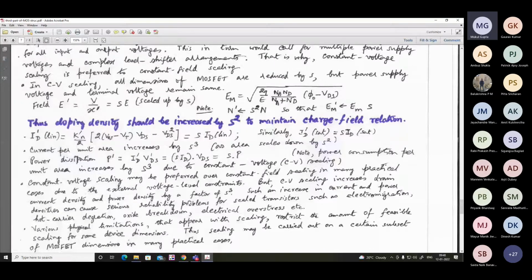They face some barrier, and if the drain to source voltage increases, then even though the gate to source voltage is below threshold voltage, the barrier comes down and the carriers start to move. This is also an example of sub-threshold conduction. So all these things have come with the aggressive downscaling.